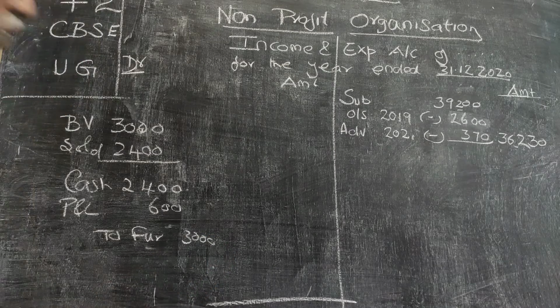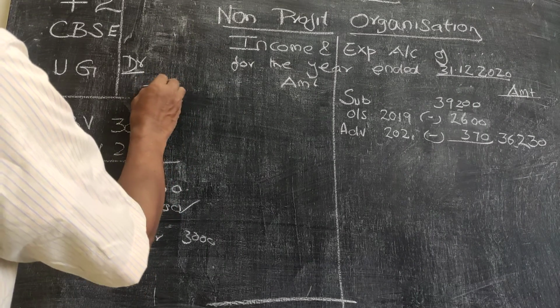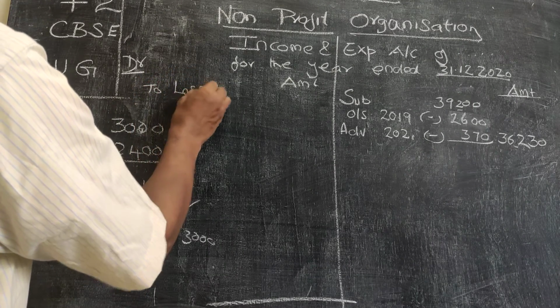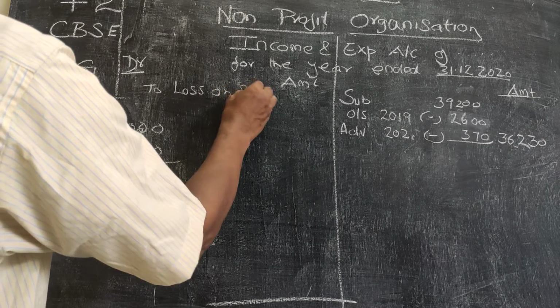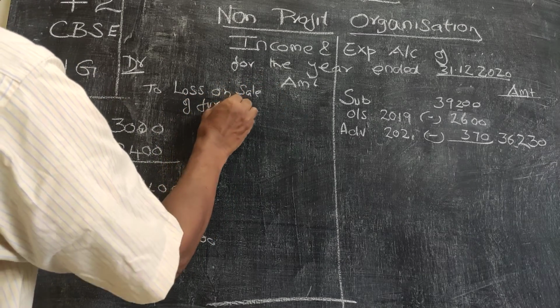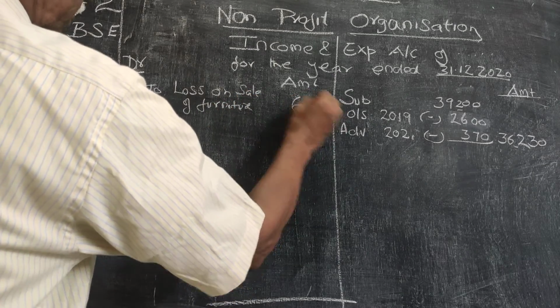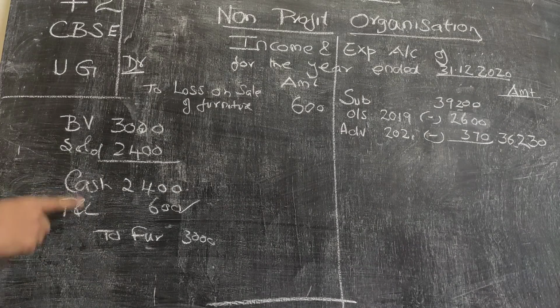This is the journal entry you will be making. So in the income and expenditure, only the last part will come. So loss on sale, that is 600. Nothing else will come. That's why I have made the journal entry for you.